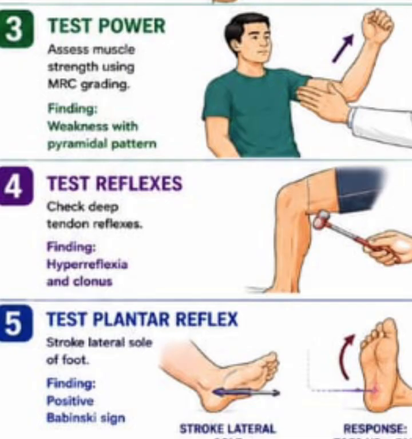Then you check for Babinski sign. So how can you check the Babinski sign? You take a blunt object and you move it from the heel across the big toe and the small toe on the sole of the foot.